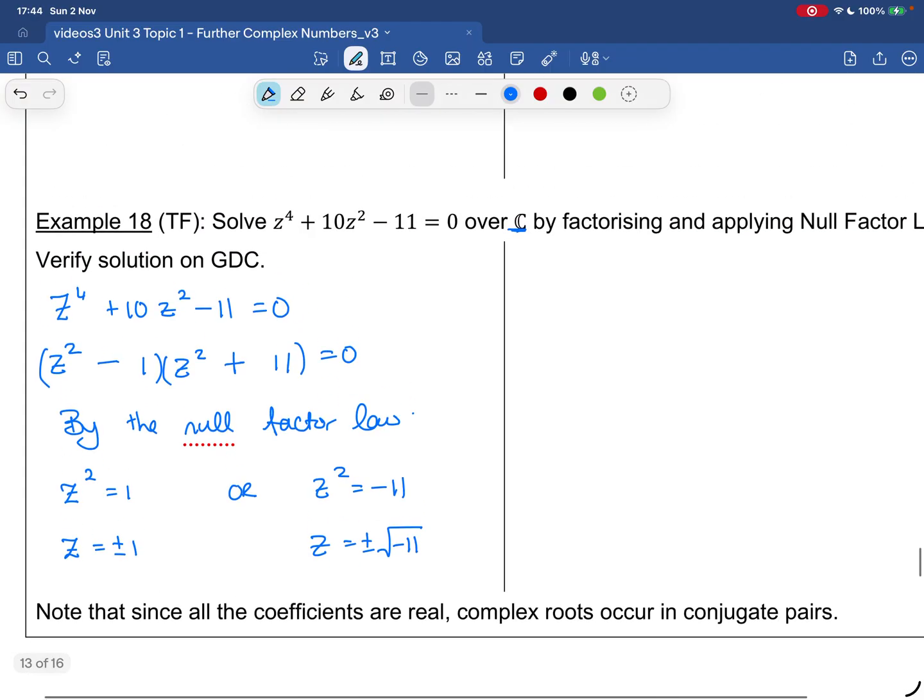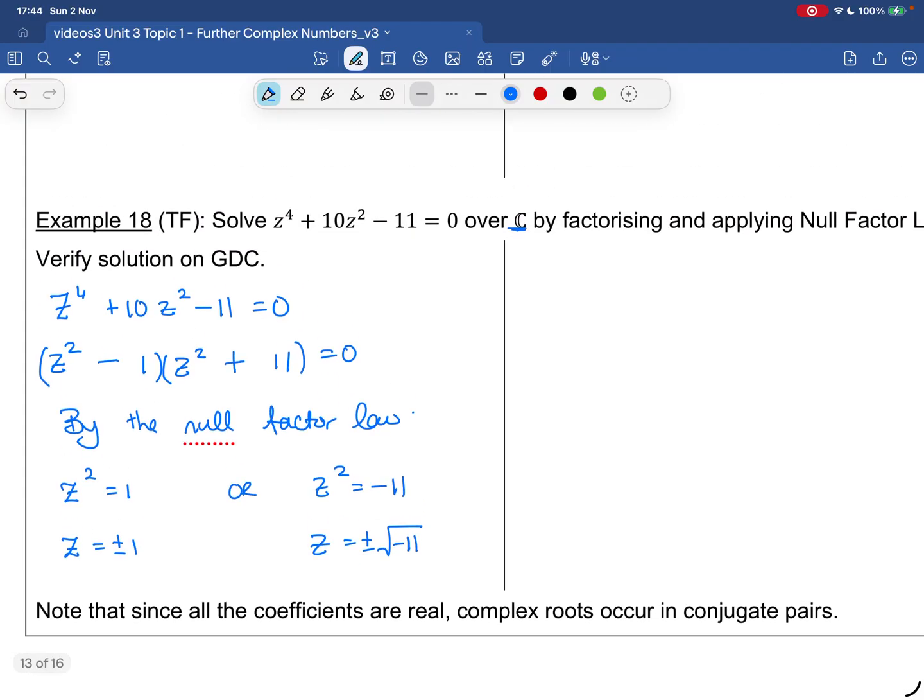And we can deal with that because it is plus or minus square root of 11 i squared, and that means then that z is plus or minus square root of 11i.